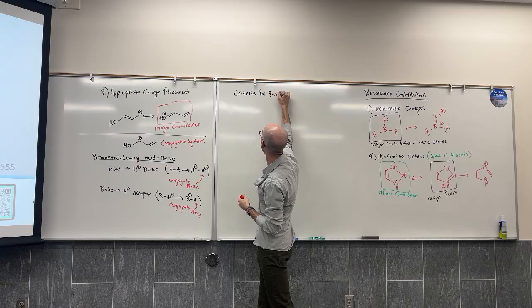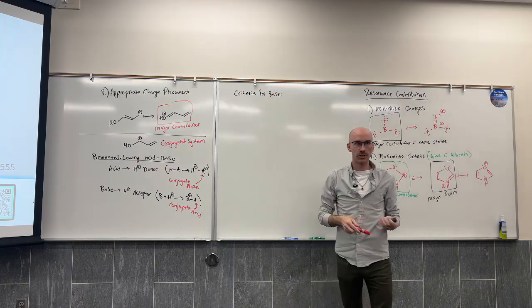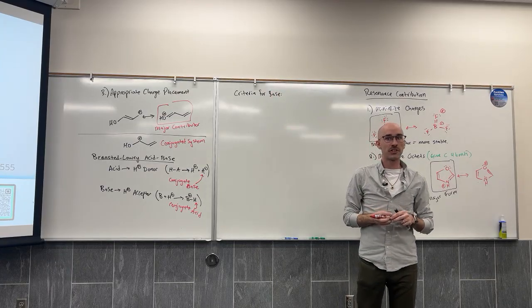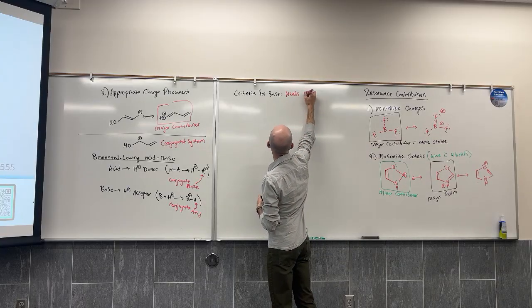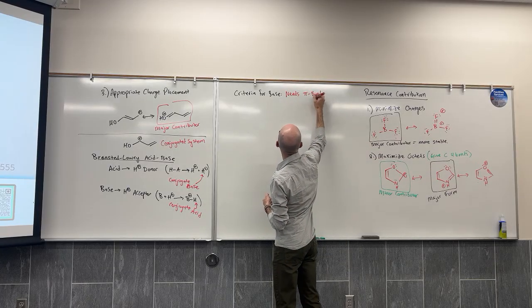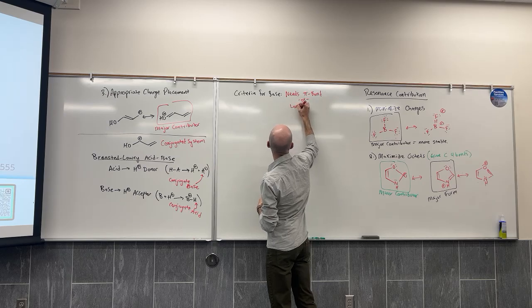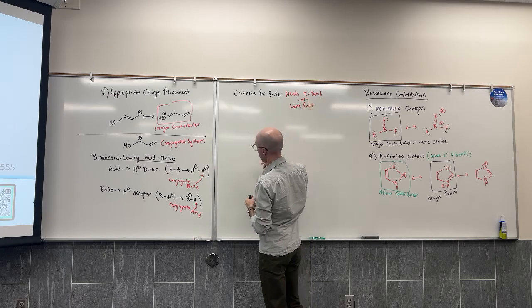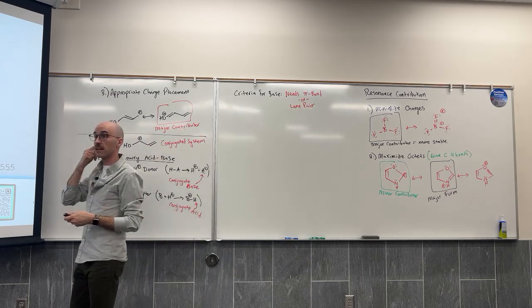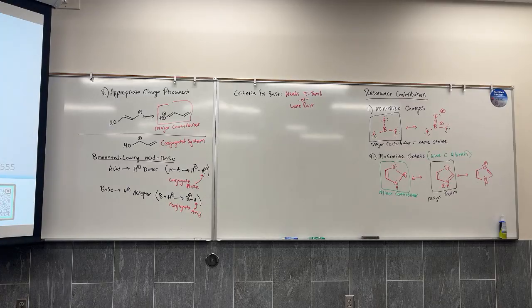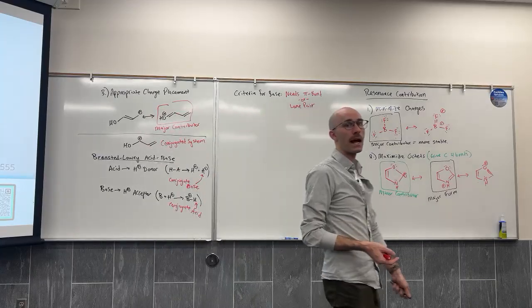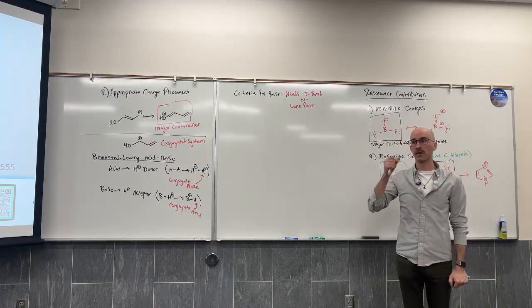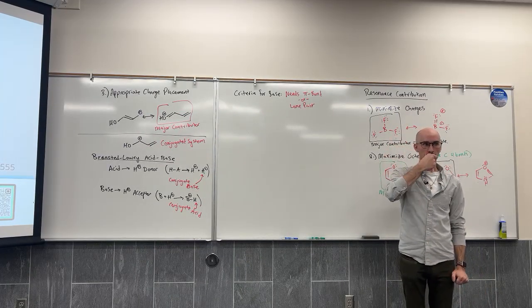In order to accept a hydrogen ion, it must donate electrons. The electrons that it will donate are either pi electrons, so it will donate electrons from a pi bond, or it will donate lone pair electrons, so it will donate electrons from a non-bonding region.